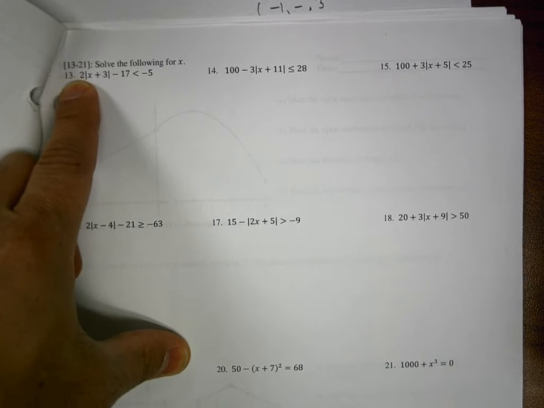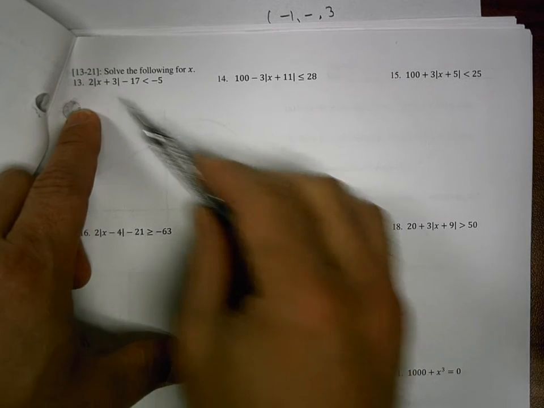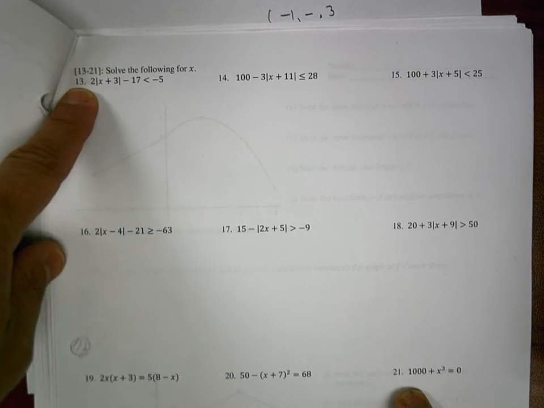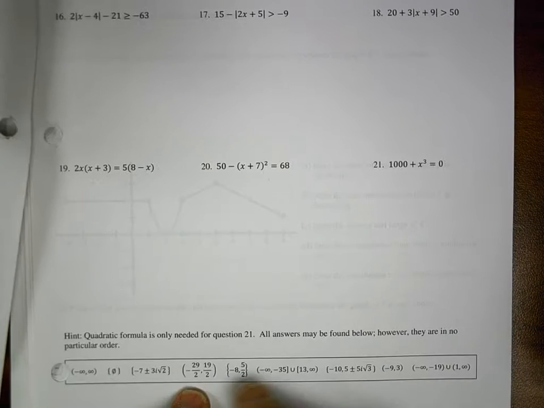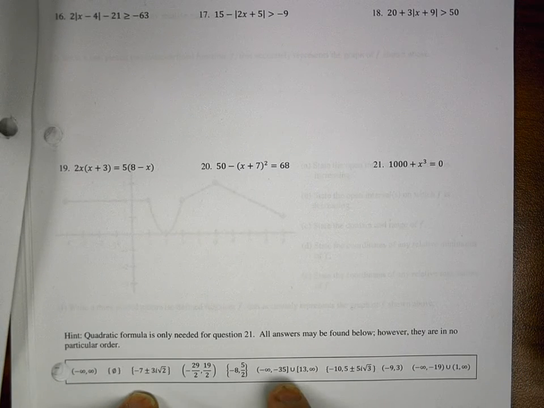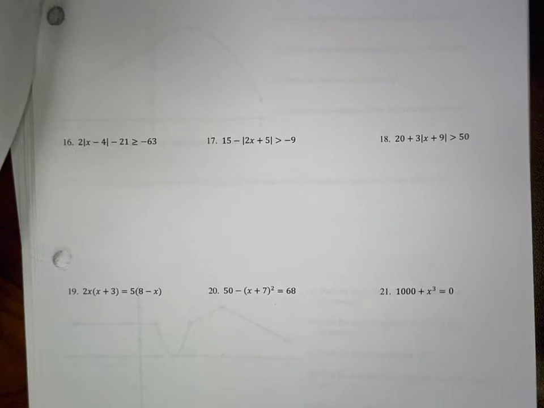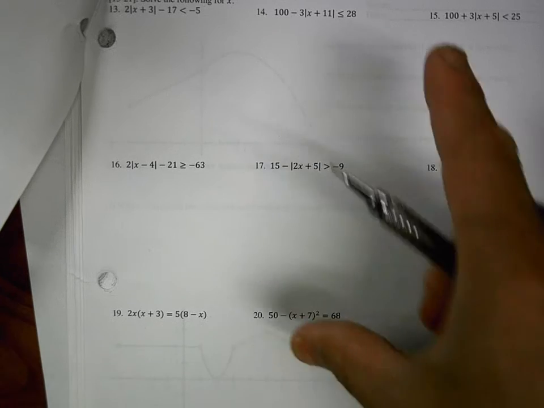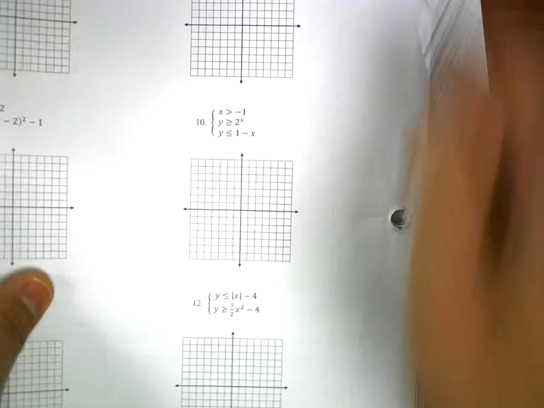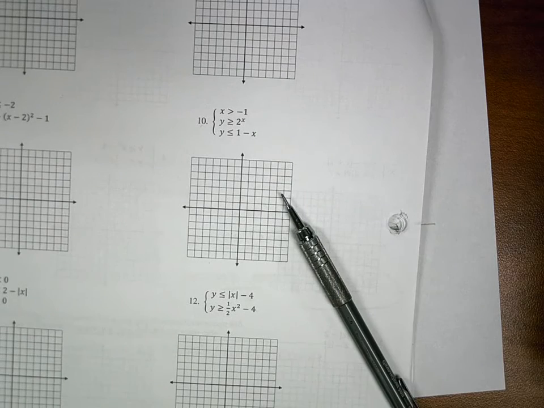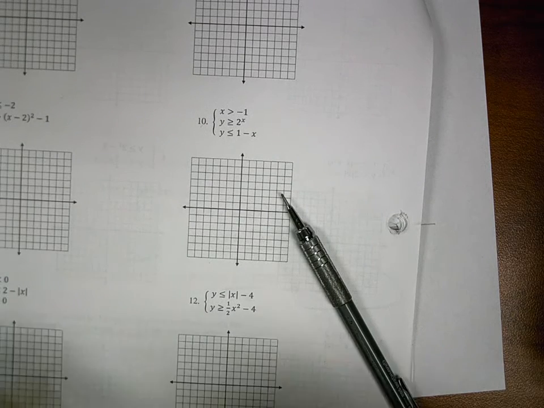Excellent review on 13 through 21, and the answers are at the bottom, just like the weekend's homework. So you'll find it down there. If you don't, then you did something wrong, right? I think we'll do one from here, but let's look at number 10, just because I know this one is a tiny little solution area. All right, so number 10. Zoom in on this.